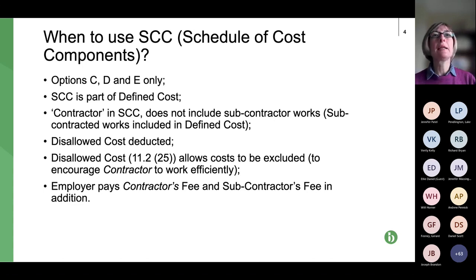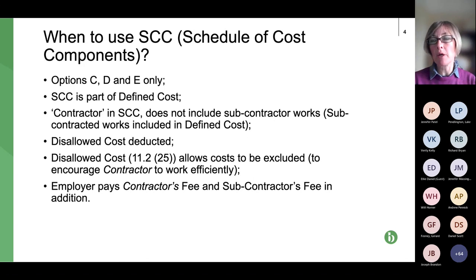At a high level, the aim of the schedule of cost components is to set out the actual cost that the contractor or subcontractor business pays for all the things it pays for. So it's staff, subcontractors, plant, equipment, etc. If you're thinking with your business head on, what's missing from that?